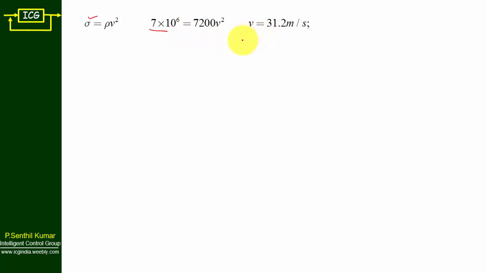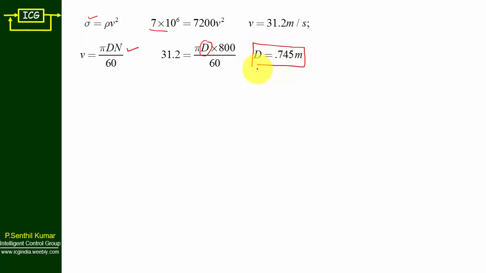We know that V is equal to pi D N by 60, and N is given as 800. Substituting all the parameters, 31.2 equal to pi D 800 divided by 60. Here D is unknown, so we can find the D value. So D equal to 0.745 meter. This is how you can find the diameter of the flywheel.